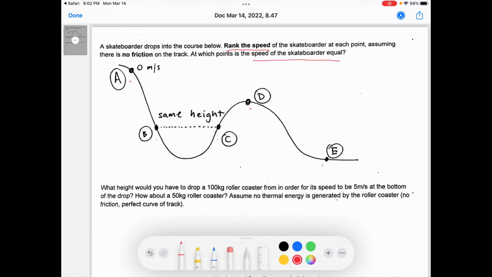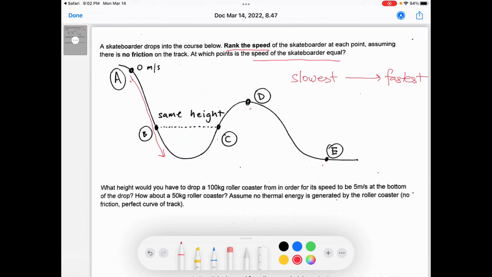So let's rank the speed of the skateboarder from slowest to fastest. So if you're a skateboarder and you are going down this track, what will happen to your speed when you drop from the top of the hill to the bottom of the hill?